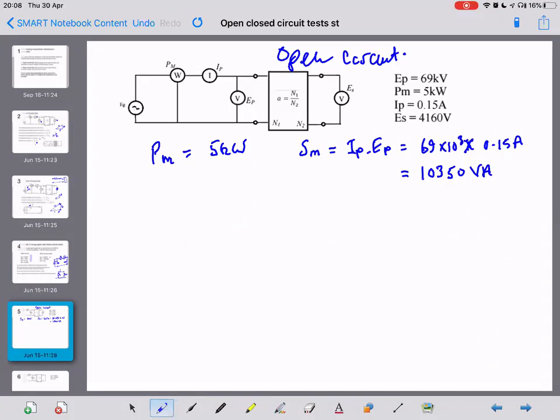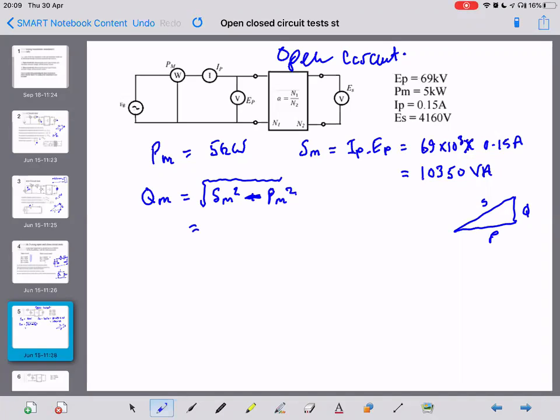Then we can find QM, because we've now got two sides of the power triangle. We've got P and we've got S, so we can find Q. That is the square root of SM squared minus PM squared.